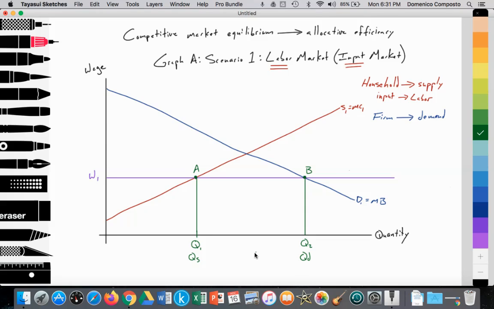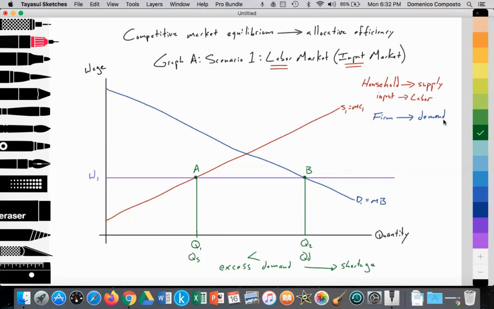And we see that the quantity demanded is greater than the quantity supplied, which means that we have excess demand. Essentially, firms are facing a shortage. Okay, excess demand is a shortage. There is a shortage of labor. Firms really want to employ, but households are really not willing to supply.